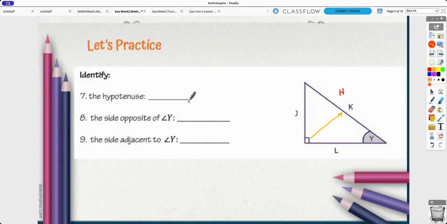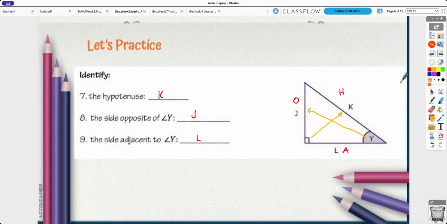So hypotenuse here is K. Y is shaded. We want to get the side opposite of Y. So across from Y, that would be our J. So J is the opposite side. And right next to angle Y, on the other side of the hypotenuse, we have the adjacent side. So the adjacent side here is L.